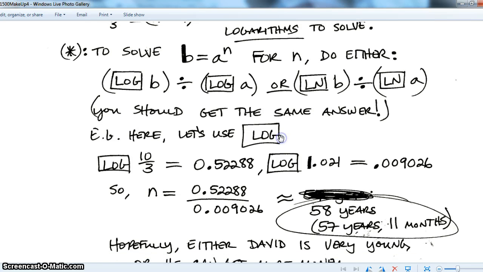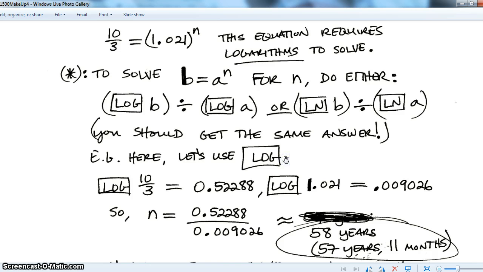Let's use the log button. On this particular one, we have 10/3, so you're going to take log of 10/3. If you're using the buttons correctly, you should get 0.52288. Then for the base of this exponential expression, log of 1.021, you should get 0.009026.